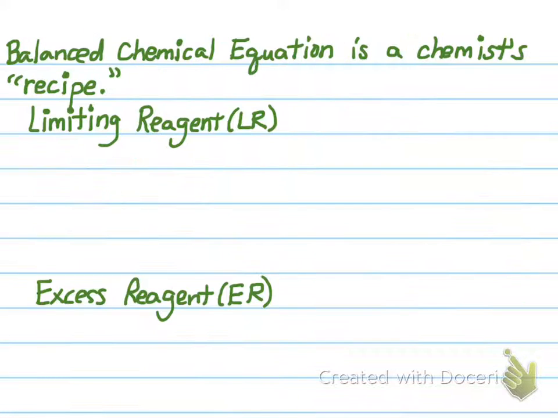Now we're going to talk about this in chemistry. So keep in mind that the balanced chemical equation is like a chemist's recipe, right? It tells you the relative amounts of all the reactants and the products that you need to carry out the reaction, just like a recipe tells you the amounts that you need.